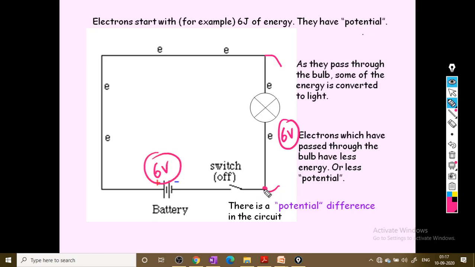There will always be a higher potential at one point and a lower potential at the other. This we define as potential difference. If there is no potential difference, there is no flow of charge. This is how we define potential difference.